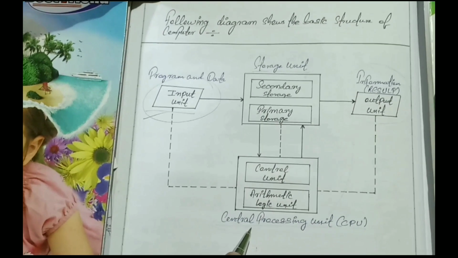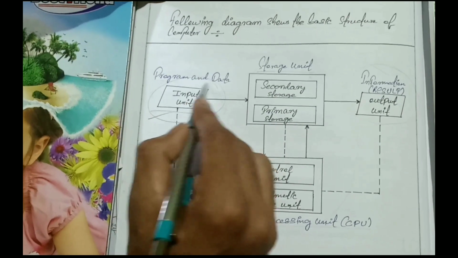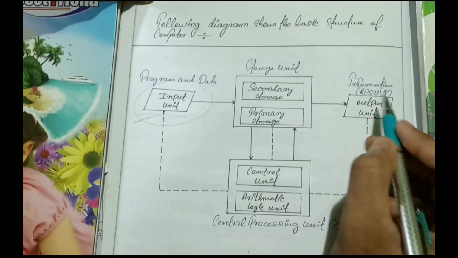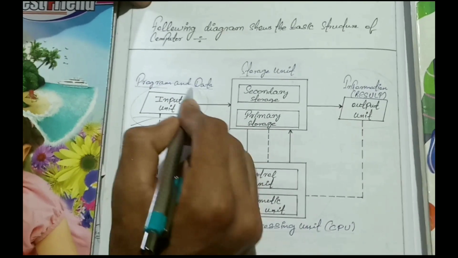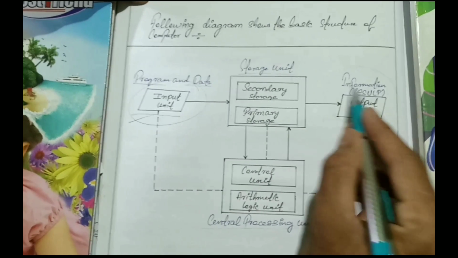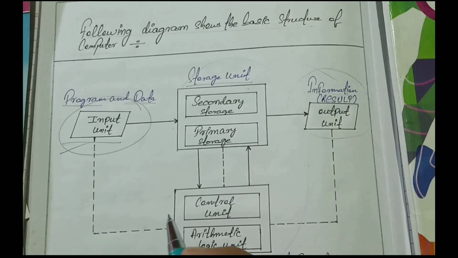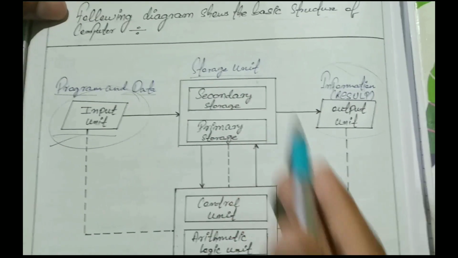We can take input as a program or in data form. We can easily see it written here: result or information, whatever output we get, is the output unit. In the middle region, the main operations occur.